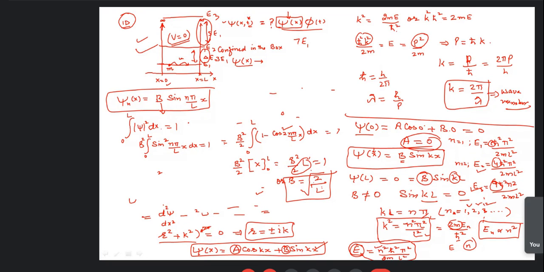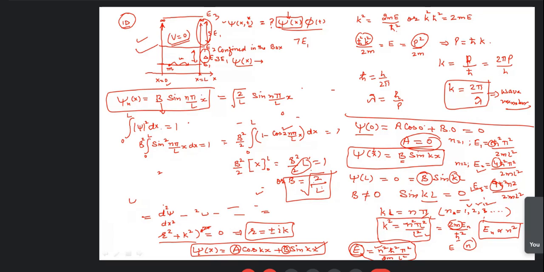Let me put this value of b in my wave function psi here. So I can write this wave function as the square root of 2 over L times sine of n pi over L x. Now this is a wave function which depends on both n and x. You can see that it is different for different n values.